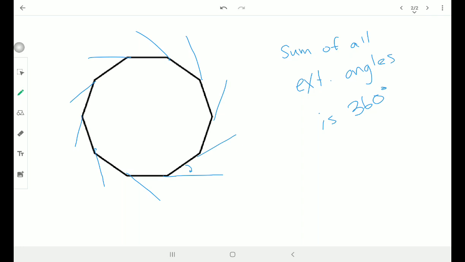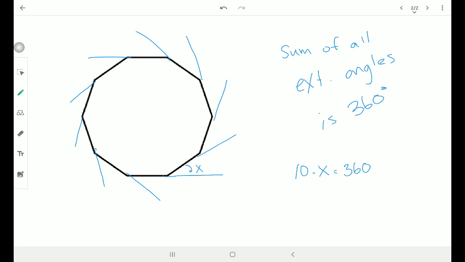So this decagon, since there are 10 sides, we don't know this angle here, x. But we know that 10 times x has to equal 360, right? Because 10 sides, or 10 angles I should say, times whatever that angle measure is, equals 360.